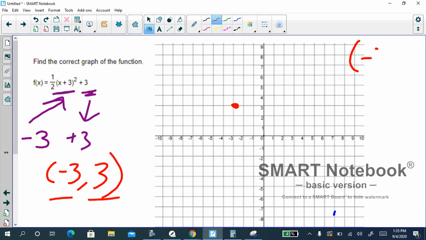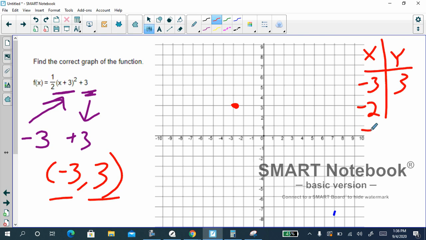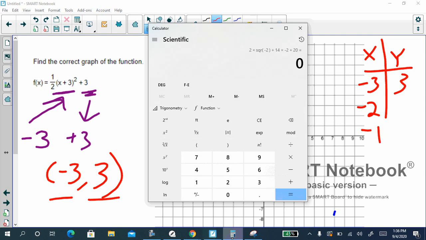Make a little table on the side. So let's pick 2 points to the right, so -2 and -1. If we were to plug a -2 into our function, we would have -2 plus 3 on the inside. That would get squared.